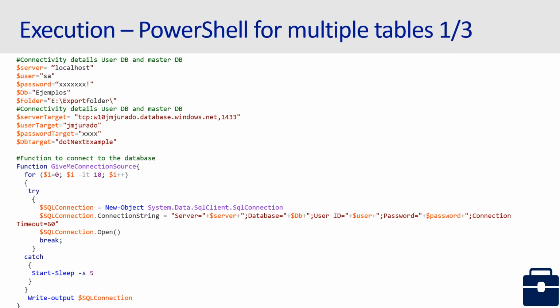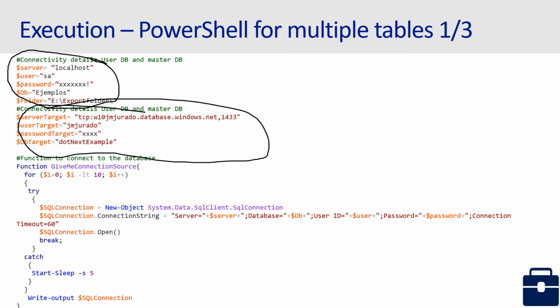Also, I would like to share with you in this presentation that when you are using one table, you could use BCP, but when you need to transfer a bunch of tables, you could use this PowerShell script. In this script, you need to identify the source of the data and the target of the data.